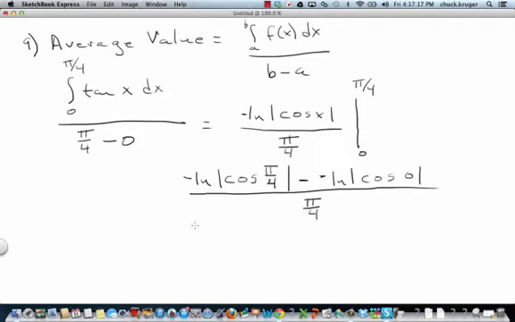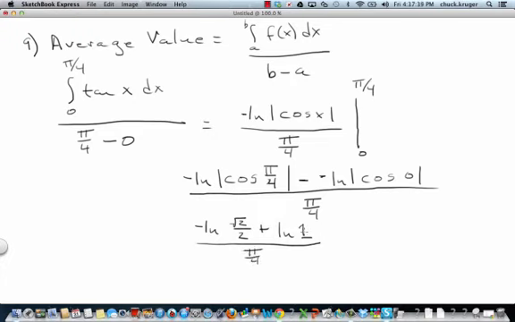Well, the cosine of pi over 4 is the square root of 2 over 2. Subtracting a negative is like adding the opposite, so it's plus the natural log of 1, over pi over 4.